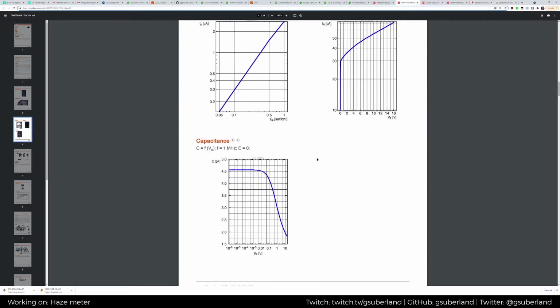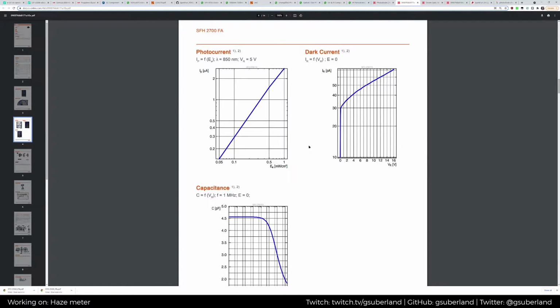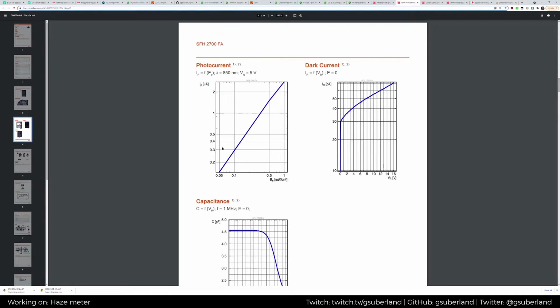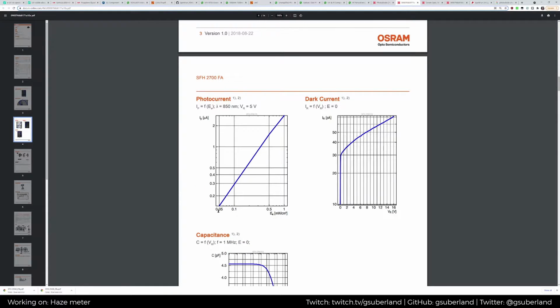But yeah, so you get this. I mean, the dark current on this is measured in picoamps, so I don't need to worry about that. So where are we? So about 2 to 3. This graph is confusing.